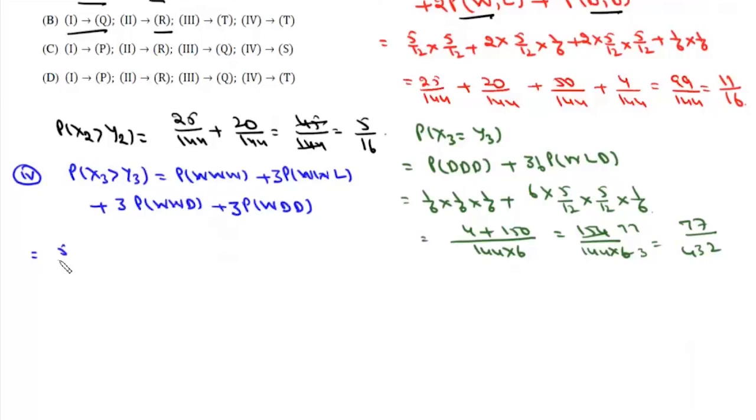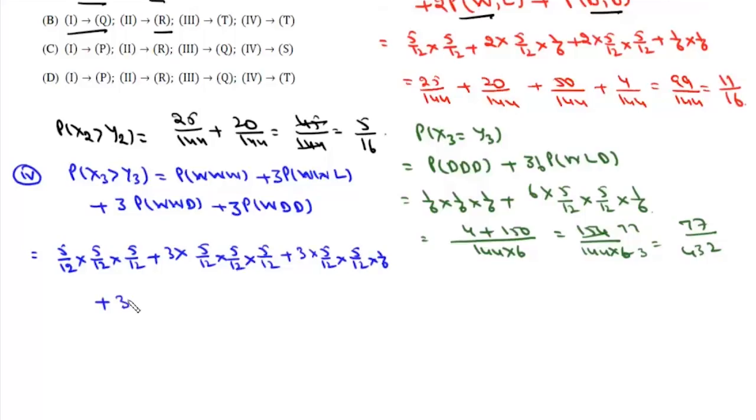Now all 3 wins, so it will be 5 by 12 into 5 by 12 into 5 by 12. Now this is 3 into 5 by 12 into 5 by 12, and 1 loss is also 5 by 12, plus 3 into 2 wins, 5 by 12 into 5 by 12 into 1 by 6, and plus 3 into 1 win, which is 5 by 12, and then 1 by 6 into 1 by 6.